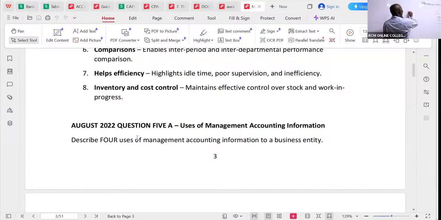So we have here the functions of management. If I have management accounting, I will be able to use it for planning, organizing. Yes, I'll be able to organize my stuff very well because I know my costs. Controlling, yes. Coordination, isn't it? Coordination between departments.